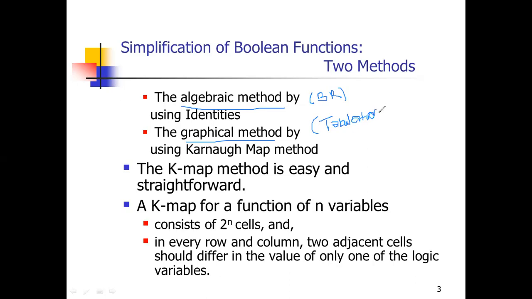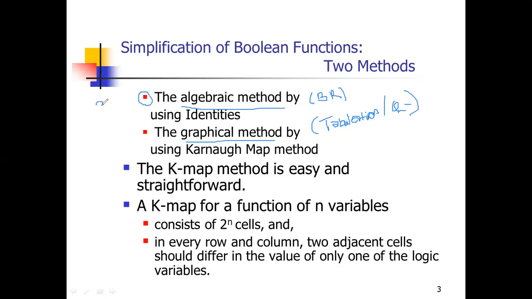Then another method is also called the Quine-McCluskey method. So totally three different techniques. The major classification of reduction techniques is: first, the algebraic method, which is Boolean expression reduction.